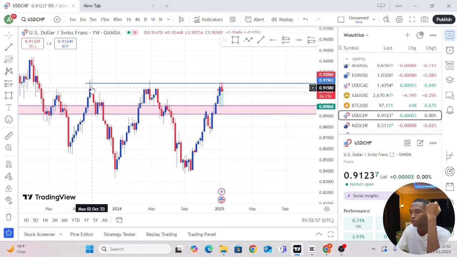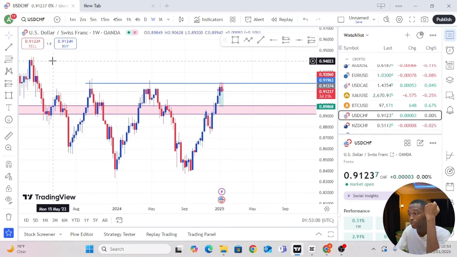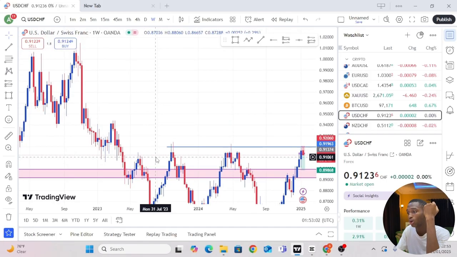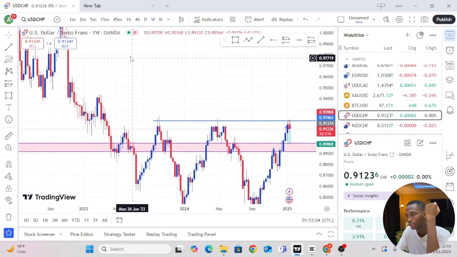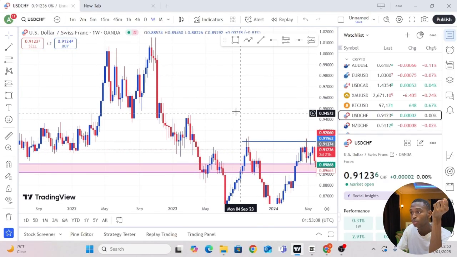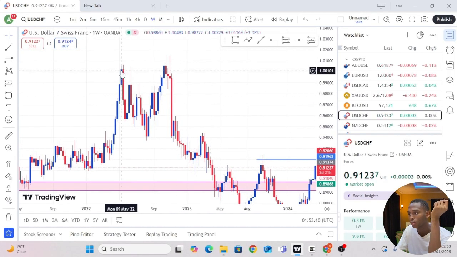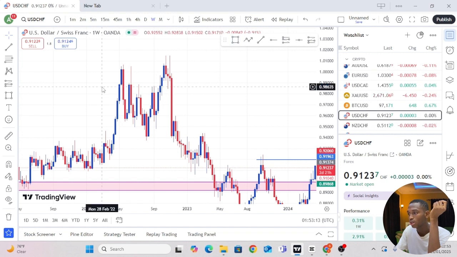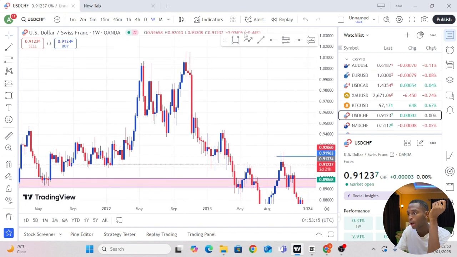So the market got to this key level. Before it broke, it was on an overall downtrend initially, and then remember that thing I said about a double top? So this is a perfect double top, 1 and 2. So you see, once it did this double top, what happened? The market went straight to the downside.